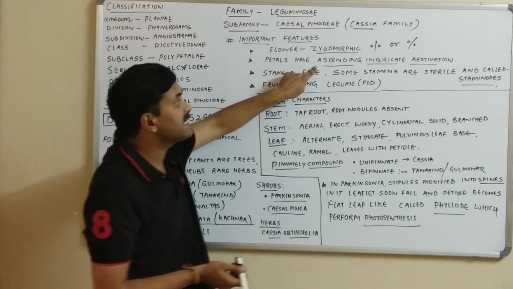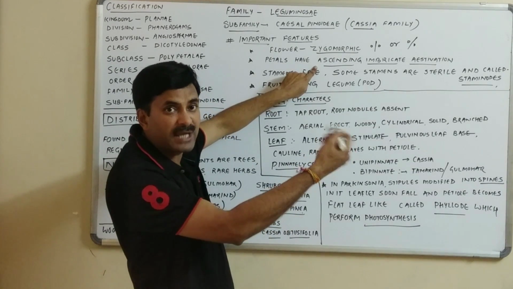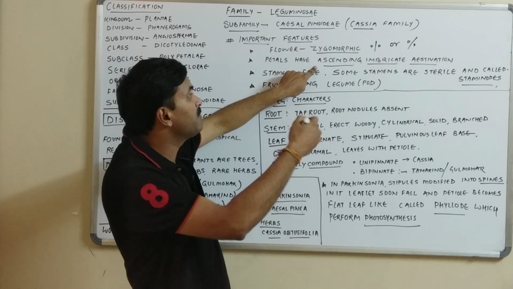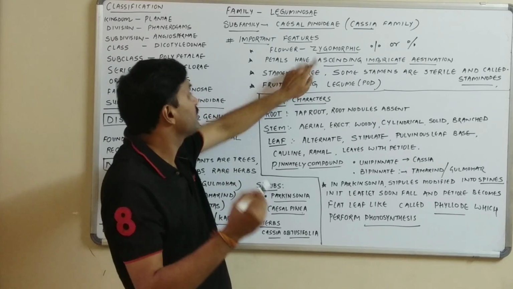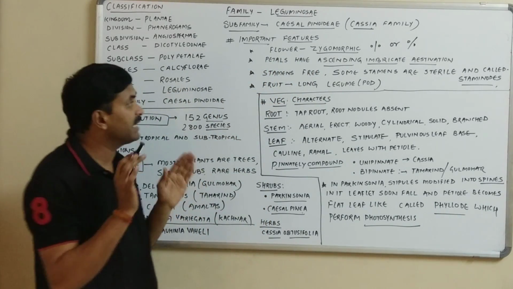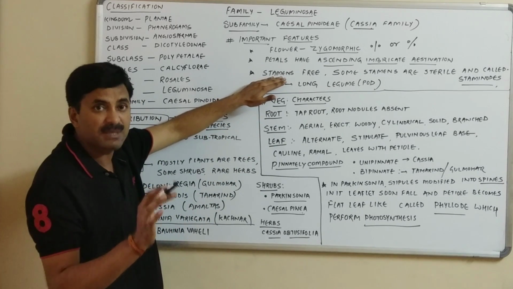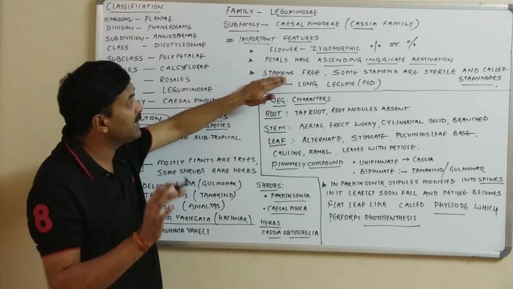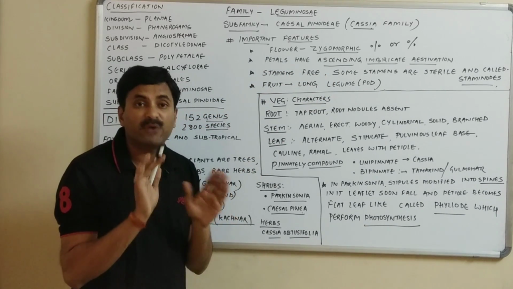So the flower is zygomorphic, and the peculiar feature of this family is that the petals have ascending imbricate aestivation. When we discuss the floral diagram in this video, we'll discuss what ascending imbricate aestivation is. The stamens are free, meaning they are polyandrous, and some stamens are sterile, not fertile.